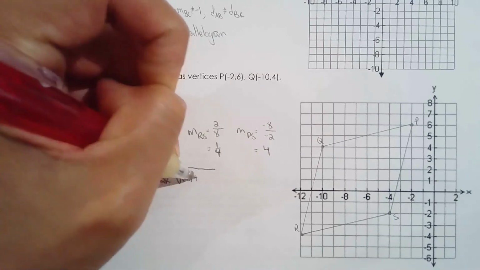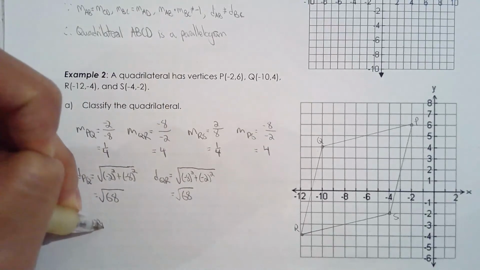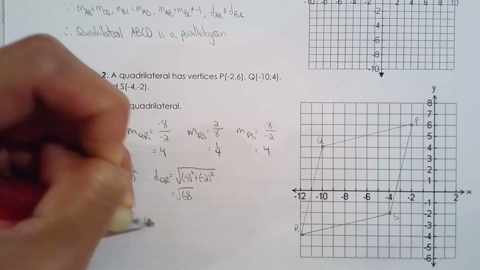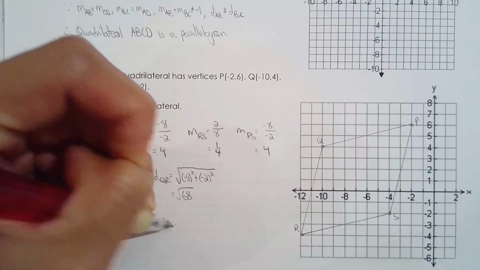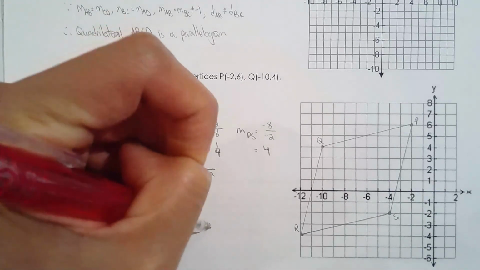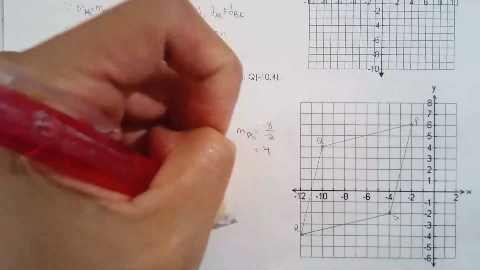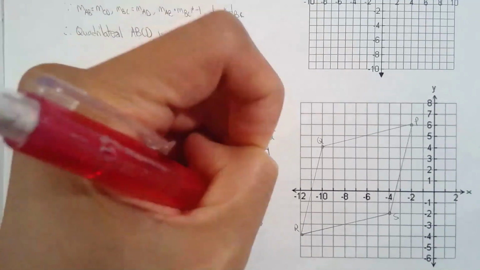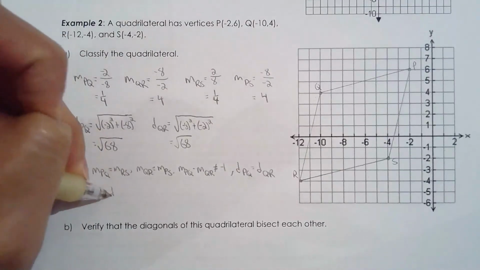Big difference. So opposite sides are parallel, and adjacent sides are not perpendicular, and all 4 lengths are the same. So guess what? This quadrilateral is a rhombus.